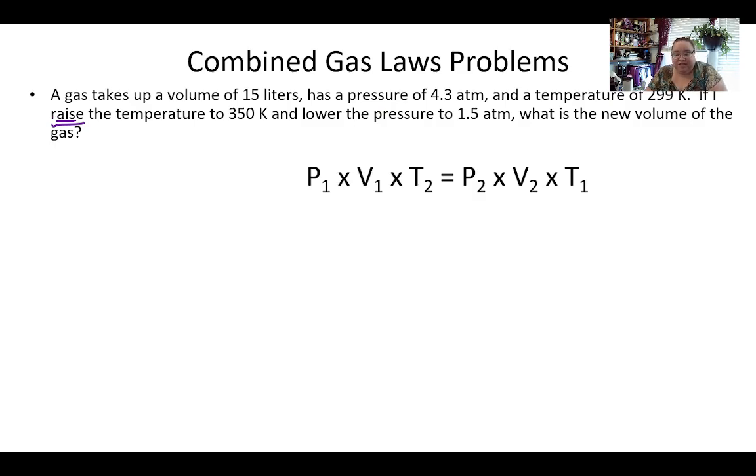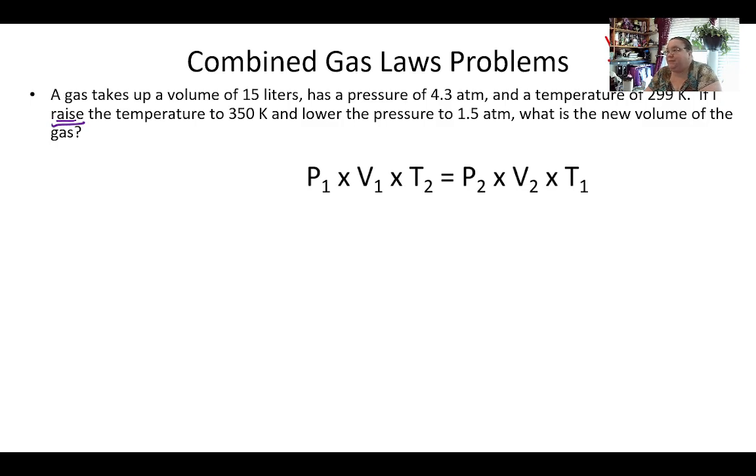So we've got to figure out what everything equals. So find all of your numbers and assign them to each particular variable. Now remember, volume is typically measured in liters or milliliters. Temperature is typically measured in degrees Celsius or Kelvin.